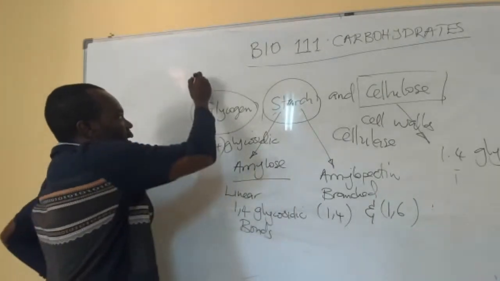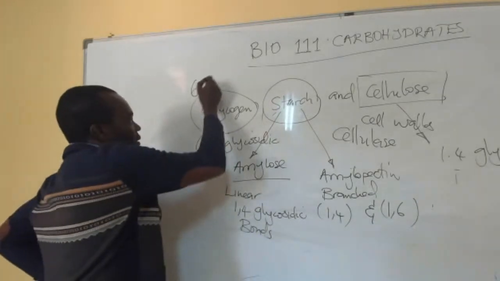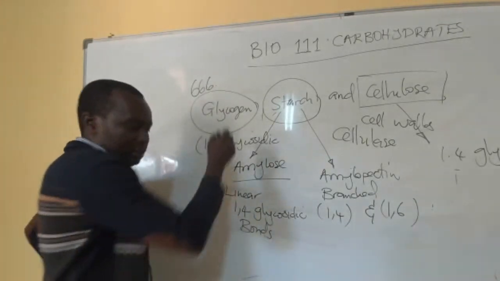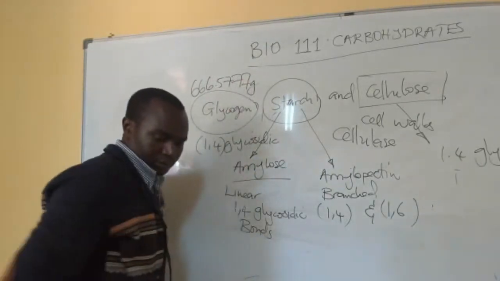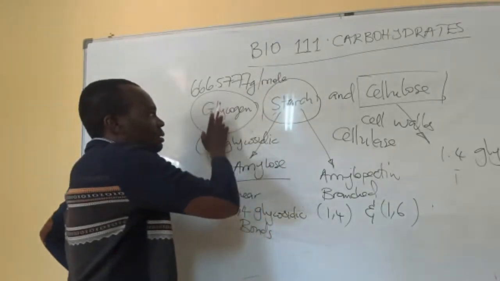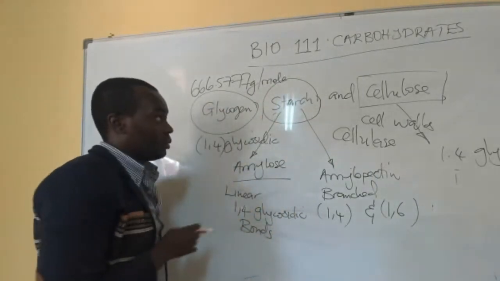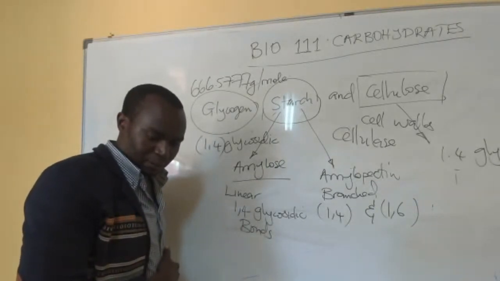When you look at glycogen, it actually has a molar mass of 666.5777 grams per mole. So you can easily see that this molecule of carbohydrate is very large.